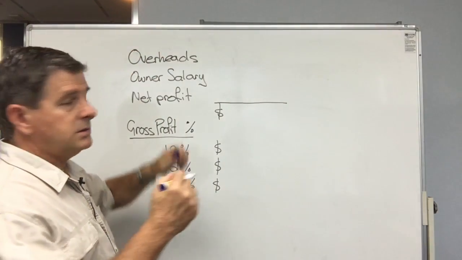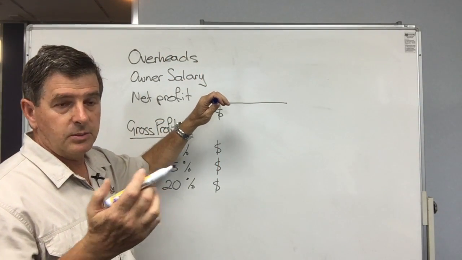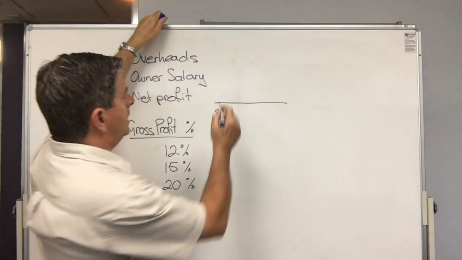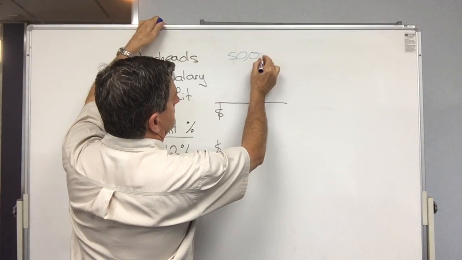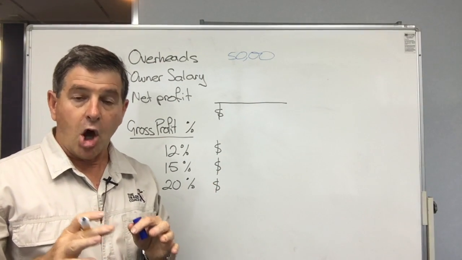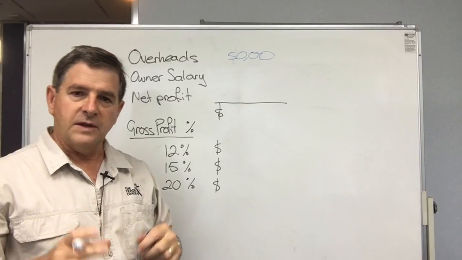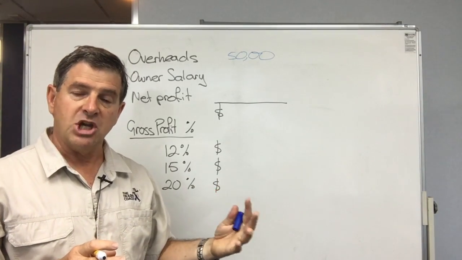we've decided, based on past results and what the profit and loss from the accountant says, we have $50,000 of overheads in the business, and those are all the indirect costs. Those aren't ones that get charged to a job.